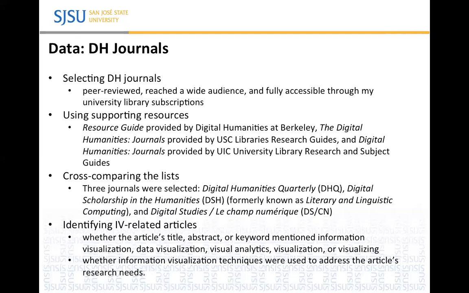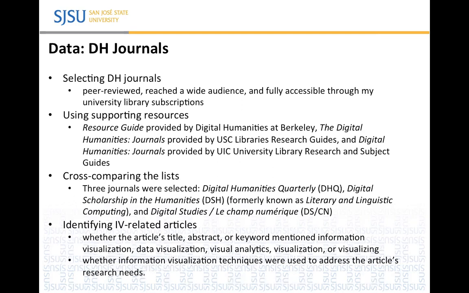After a careful cross-comparison among all the journals listed in these 3 sources, I selected 3 journals for this study, including Digital Humanities Quarterly, Digital Scholarship in the Humanities, formerly known as Literary and Linguistic Computing, and Digital Studies. And I would just read the first part. To determine whether an article is information visualization related, we used 2 criteria.